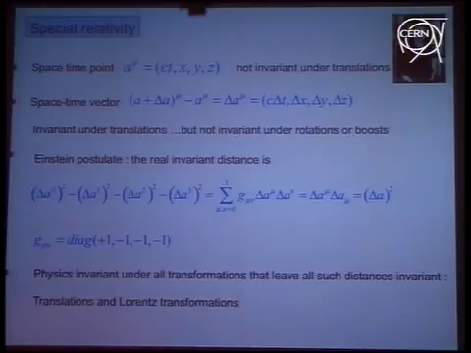They're translations and Lorentz transformations. Translations are obvious. In the Lorentz transformations, you've got rotations, but you also have boosts. The difference between rotations and boosts is that rotations act on the 3 space dimensions, boosts act on a space dimension and a time dimension. So for the moment, I'll leave special relativity as that, but at the end of the lecture, I'll come back and show you a few slides which make this more precise.